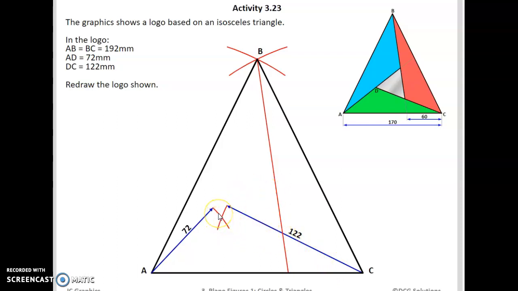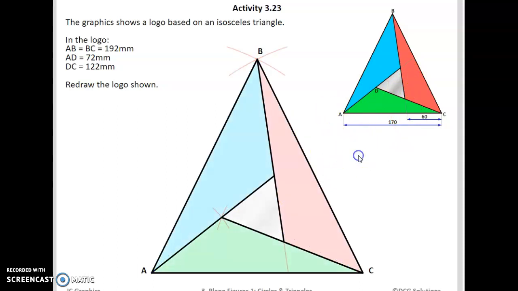Remember, everything on that arc is 72 away from A. Everything on this arc is 122 away from C. And I'll draw my line up like that, continuing it on up. That point is D, however, so I can heavy that line in there. Now I can just heavy in the rest of it. You can see I have the basic shape, so if I put the 3 colours on it now, I get that. And that's my exercise for there.